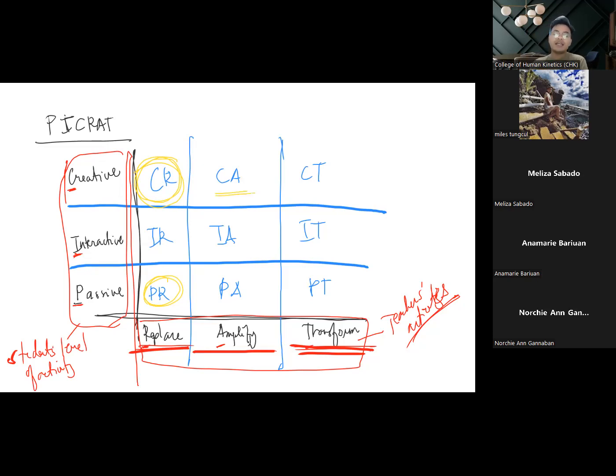Okay? So hindi lahat ng activities ay pwedeng maka-reach sa level ng transformation kasi napakataas nito. But it is possible. So, halimbawa, when you're able to use an online questionnaire platform that can gather information from all parts of the world.